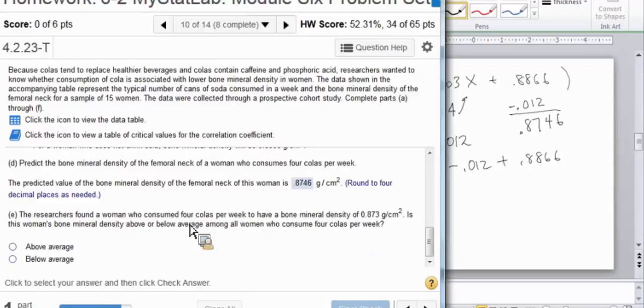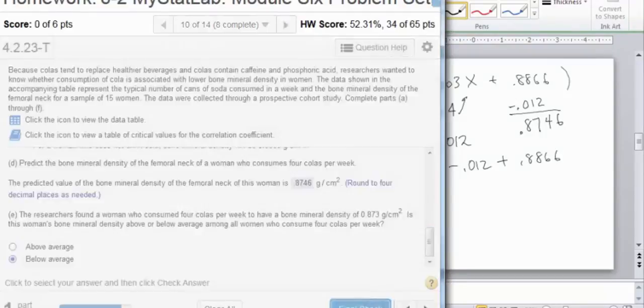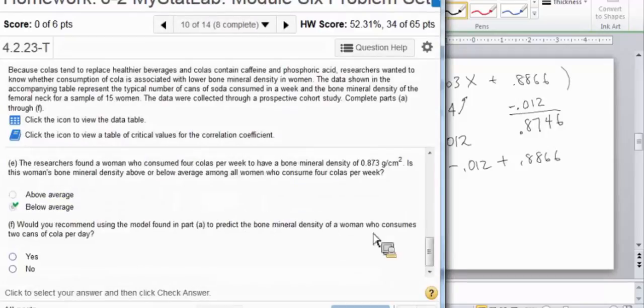So this woman actually was at 87.3. So if 87.3 is where she is at, is that above or below the average? It's below. 87.3 is less than 87.4. So this woman is below average. Okay, in other words, she's going to have a negative residual.